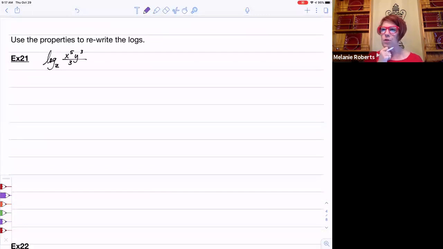All right, now let's use these properties and we're going to rewrite the logarithms. So notice that my overall operation is a quotient. So I'm taking the logarithm of a quotient.